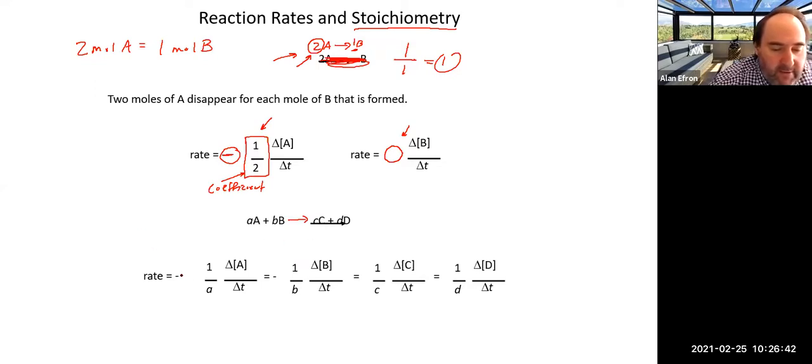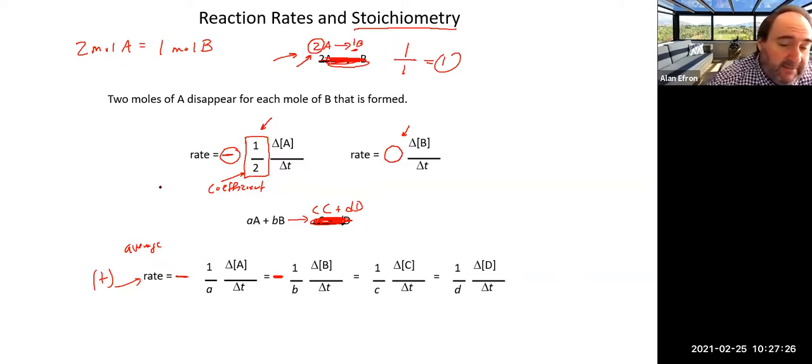The rate is equal to minus 1 over the coefficient of A, change in concentration A, equals minus 1 over the coefficient of B, change in concentration B over change in time, equals, now on our product side, 1 over C, the change in concentration C over time, and 1 over D, change in concentration D over time. This is what is referred to as the rate expression, sometimes called the average rate. And this number is usually a positive number when you do it.